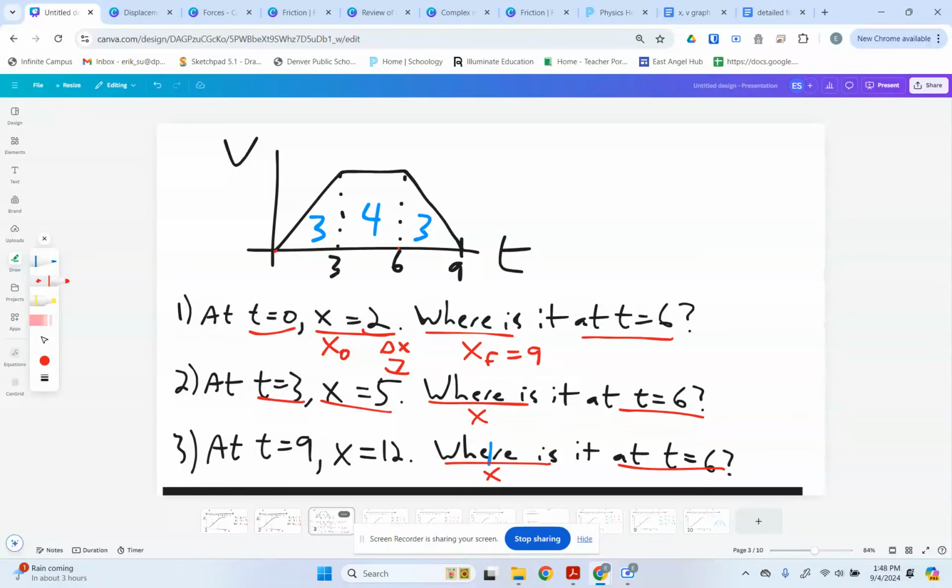Because my initial position was at 3 seconds. So the time period that I care about the displacement is the time between 3 and 6. So I'm now only caring about the middle block of 4. So if I start at 5, displace 4, I'm going to end up at 9.